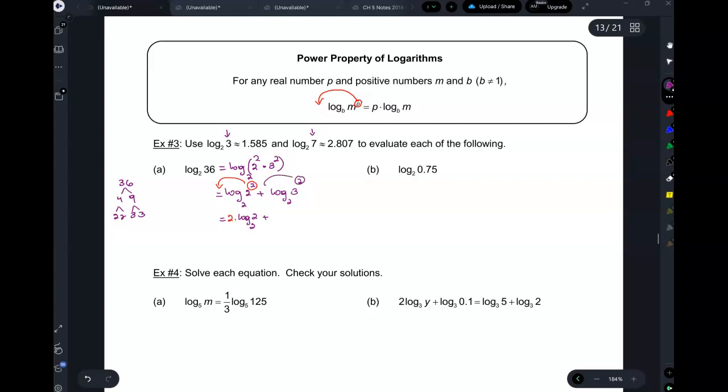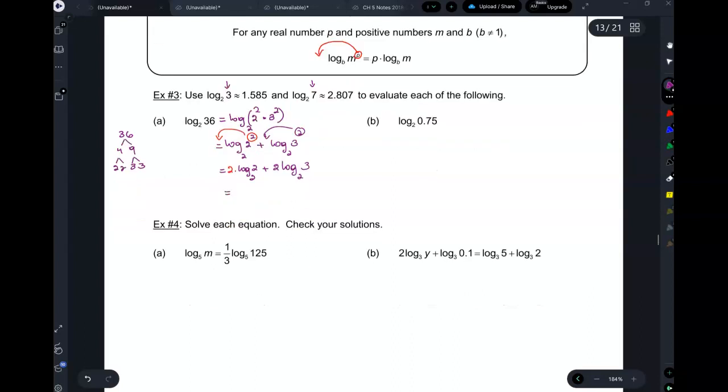And then this 2 will also move down, so I have 2 log base 2 of 3. So this is 2 times 1 plus 2 times 1.585, and that's 5.17. Okay, are we all comfortable with log base 2 of 2 equal to 1?